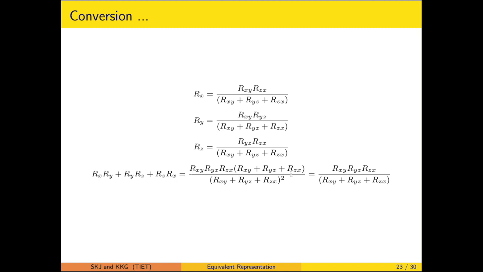Correspondingly there will be a term on the right hand side, and you have rearranged. There is a term common between the numerator and the denominator, Rxy plus Ryz plus Rzx, and that common term is cancelled. Ultimately what is left is Rxy Ryz Rzx upon the sum of the three: the product of the three, divided by the sum of the three resistances.